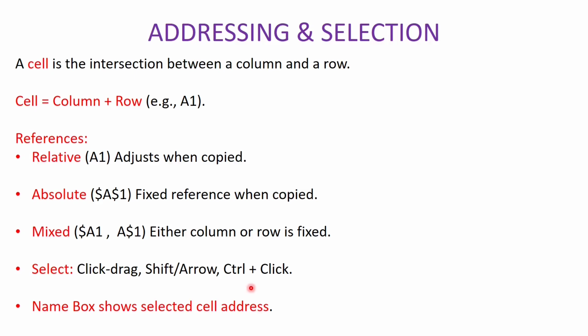You can also use Control plus click to select non-adjacent cells. And next is the Name Box, which displays the name or address of the active cell. It also allows quick navigation to a cell by typing its reference. So proper cell referencing helps in accurate formula application and efficient worksheet navigation.